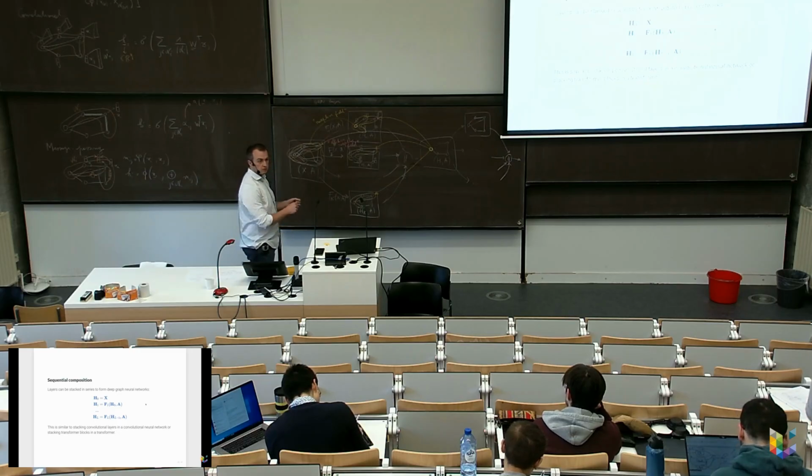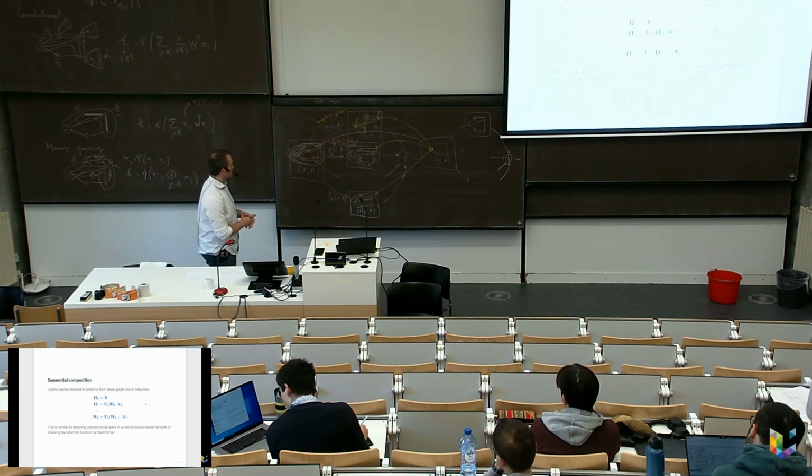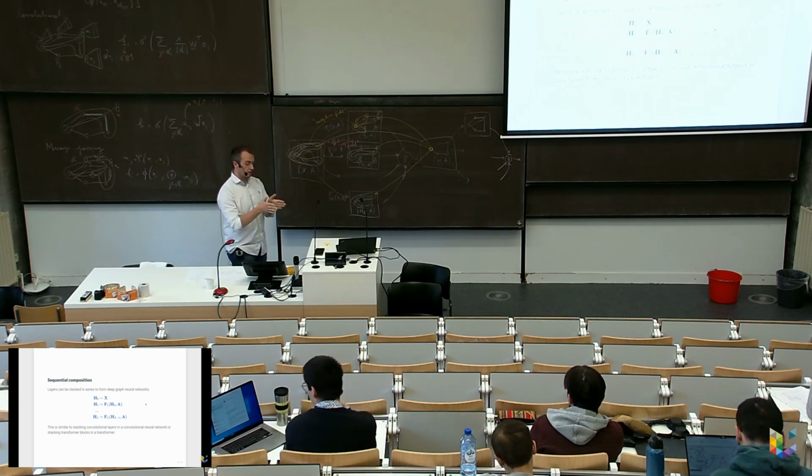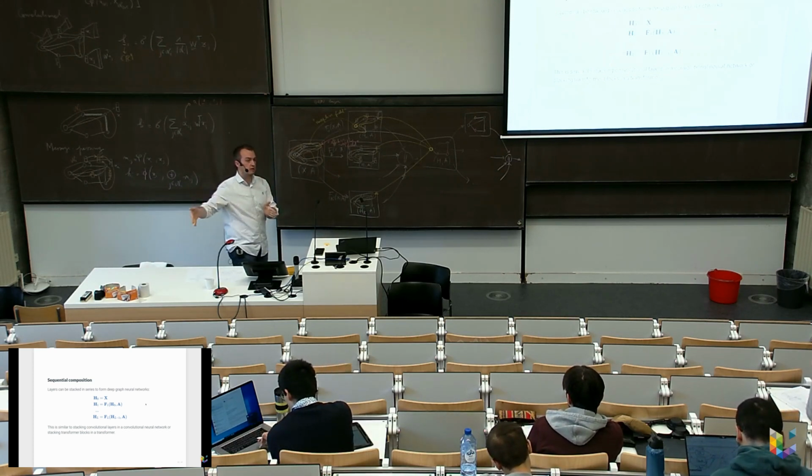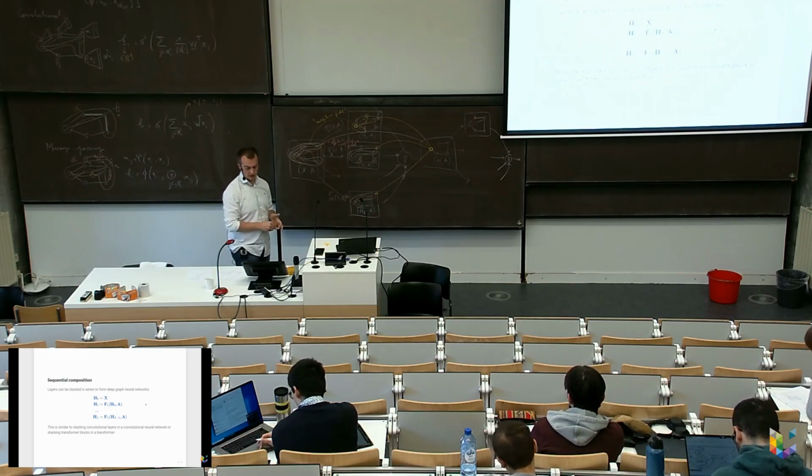If you remember, when we talked about, for example, the VGG architecture, I showed you that when you look at the information which is used deeper and deeper in the network, you are increasing the effective receptive field of this element.